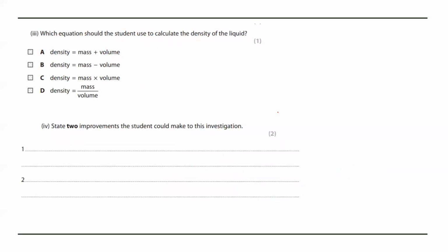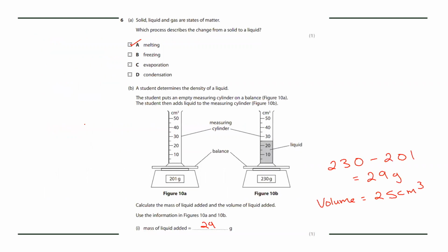Which equation should the student use to calculate the density of the liquid? Density is measured in kilograms per centimeters cubed, so density is mass divided by volume. State 2 improvements a student could make to this investigation.